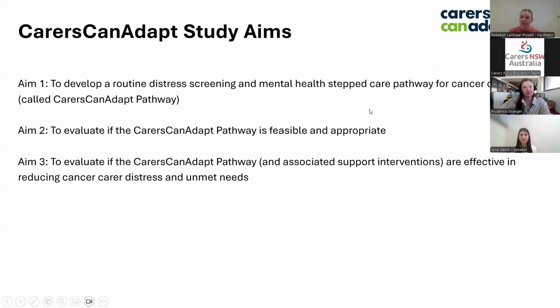Can we actually do routine screening for distress, allocate people to a step and provide them with tailored support? And three, to evaluate if this pathway and the associated interventions within each step are effective in reducing carers' distress and unmet needs.